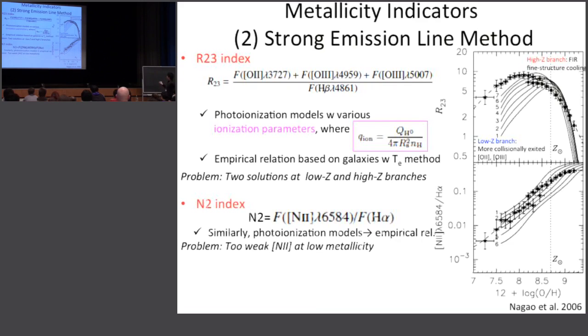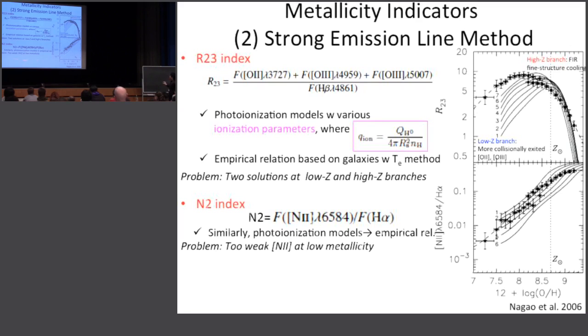But there is another famous index, named the N2 index, which is the ratio of N2 6584 divided by H alpha. As you can see, there's a very simple non-degenerate relation.